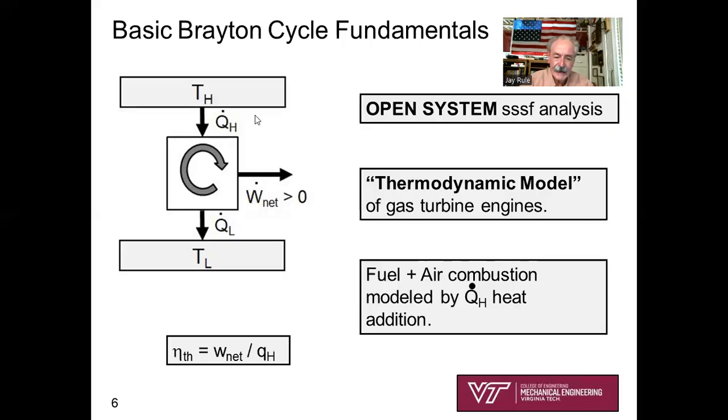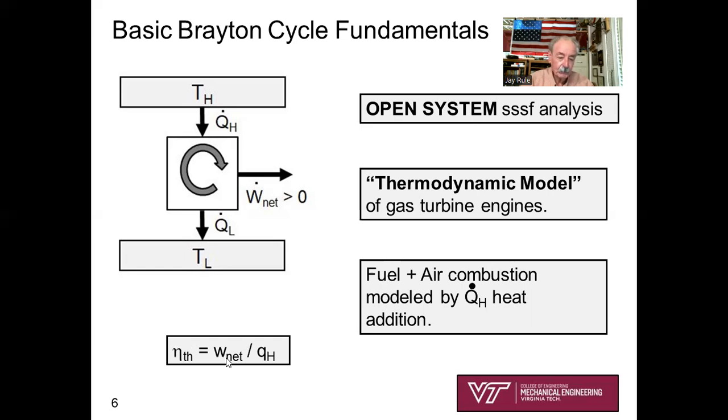Here is our high temperature heat added for the model of our combustion chamber. We've put together a compressor, a heat exchanger, and a turbine, all open systems, and we've got good experience analyzing each of those for steady state, steady flow analysis.